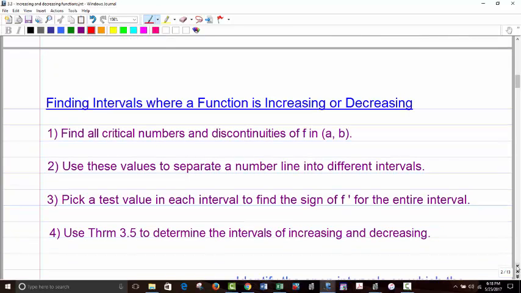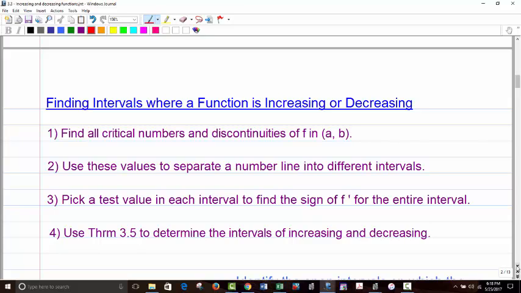Now let's look at the process we want to use to find our intervals of increasing and decreasing. Notice I don't even put constant in the title because I'm not going to worry about that unless it's a graph. So increasing and decreasing it is.